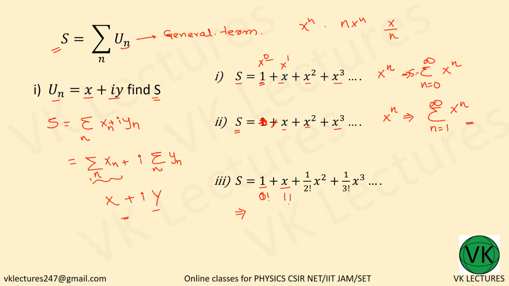So x to the power 0 by 0 factorial plus x to the power 1 by 1 factorial plus x to the power 2 by 2 factorial. It goes on. So this is of the form x to the power n divided by n factorial. So what will be the sum? S is equal to the sum over n from 0 to infinity of x to the power n by n factorial. 0 factorial equals 1.